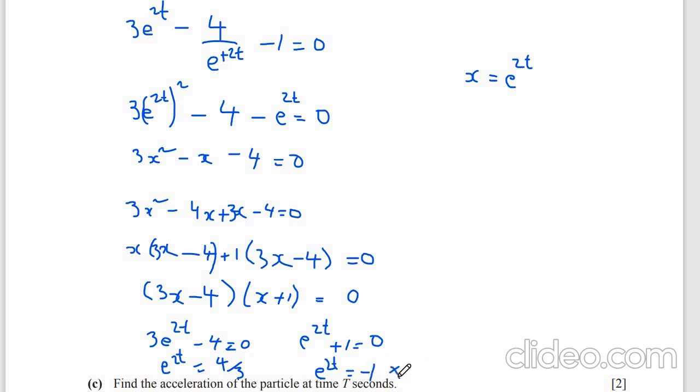This is not possible, and the only solution we're going to get is from here. So that will be t equals one half of ln 4/3.